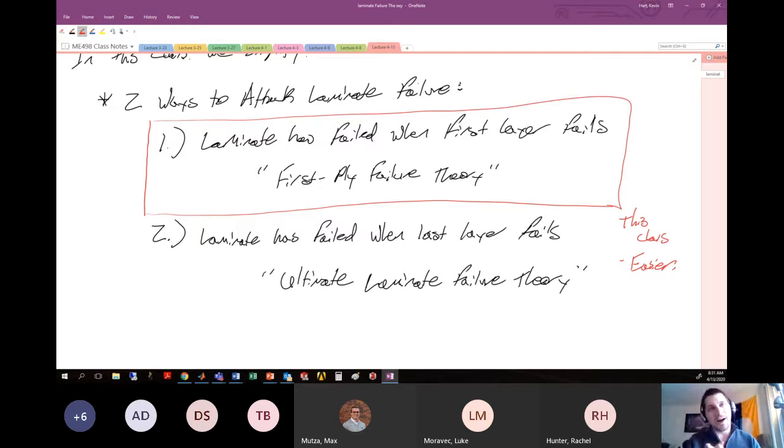If you wanted to continue on with ultimate laminate failure theory, you'd have to continue on with your laminate analysis, but you'd have to discount whatever layers had previously failed. So you'd be creating an ABD matrix with zero stiffness for the layer that has failed. That's basically how the analysis would have to proceed. So that's the general outline there. We're going to stick with number one, mostly because we don't have time to do number two, unfortunately.